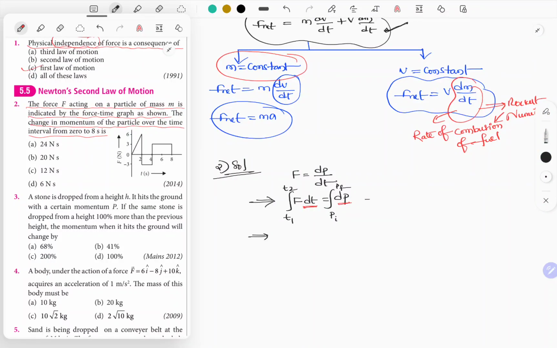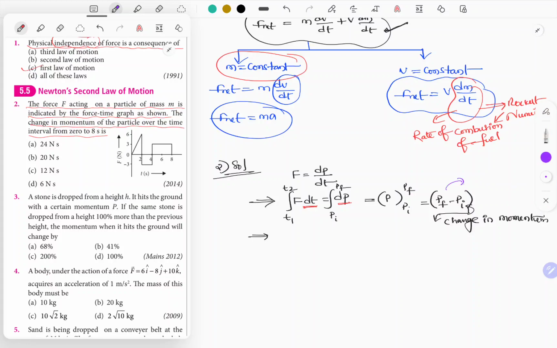Okay. So what is integral dp? Integral dp is going to be p. So you can replace it as p initial to p final, which is equal to p final minus p initial, which is represented as change in momentum. This is what we have to find out. This is also called impulse.